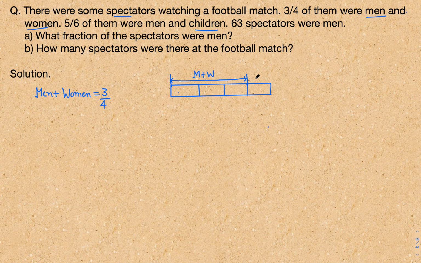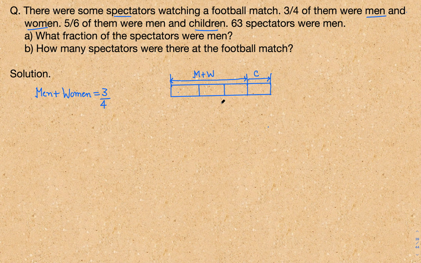And what is this left over? Since there are only 3 categories, men, women, and children, and these 3 units show men and women, definitely the last unit must be representing the number of children, right?